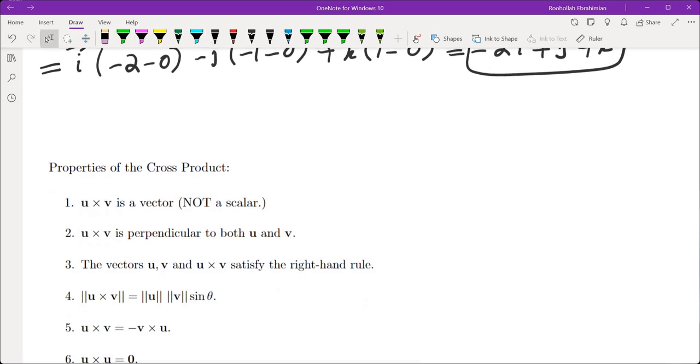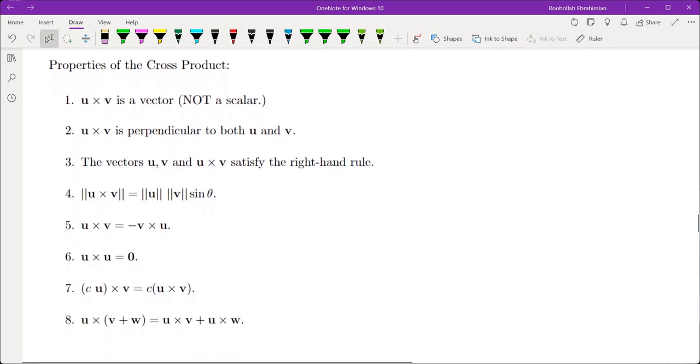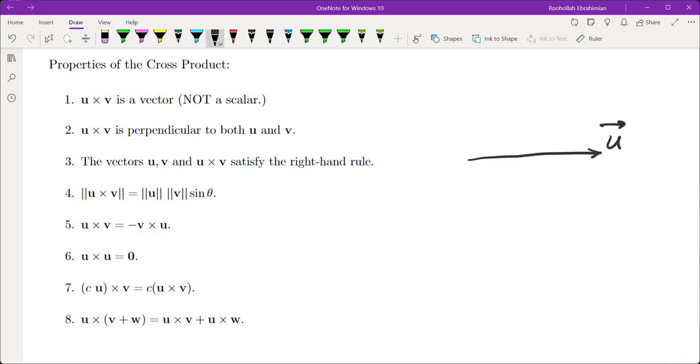Now that we understand how to evaluate cross products, which is we understand the algebra, we want to understand the geometry. So what does it mean for us to find the cross product of two vectors? What are we actually evaluating? Well, first thing is if you take two vectors, let's say a vector u that moves to the right, so it's pointing to the right, and v that comes out of the screen.